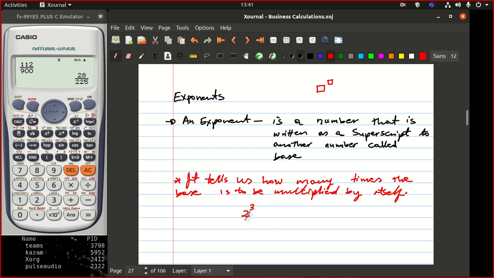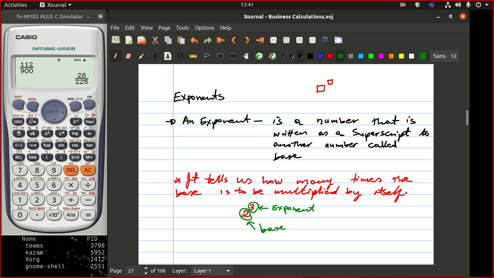I want to circle this number here. This one, we call it the base. And this number here is the one that we call an exponent.